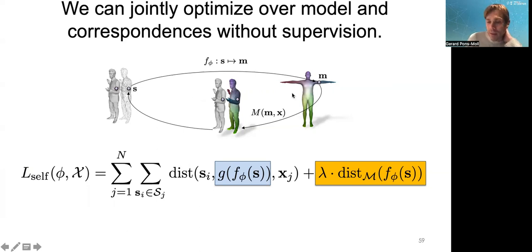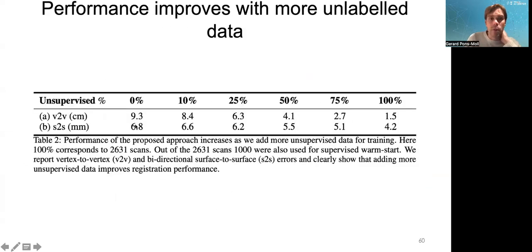Now, in practice, things are not as beautiful as in theory. So you have to bootstrap the process by using a bit of supervised data. And then using this objective, you can add more scans in the training process such that this correspondence predictor gets more and more accurate. And this is what you can see here.